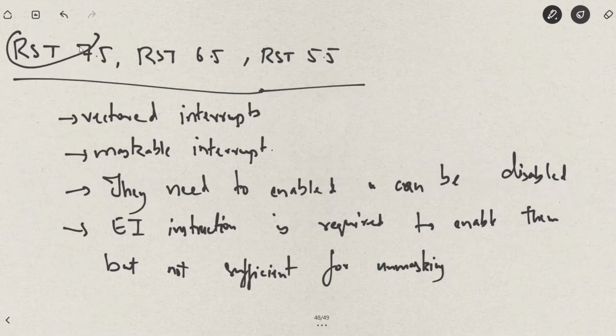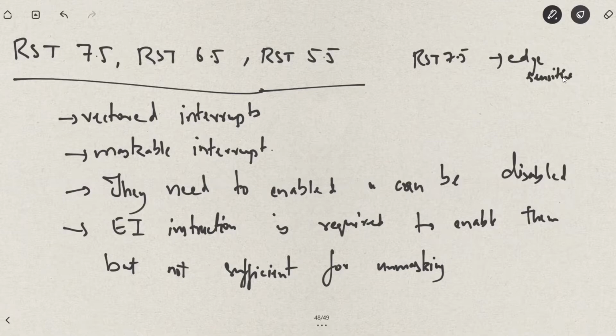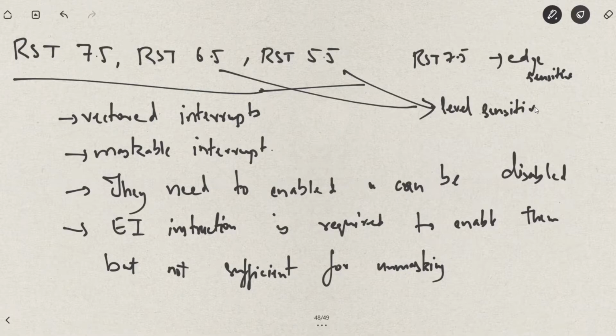RST 6.5 and RST 5.5 are level sensitive. While, as we discussed, trap is both level as well as edge sensitive, so that it remains high as well as has to make a low to high transition.